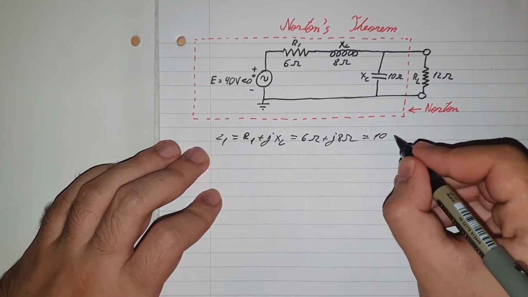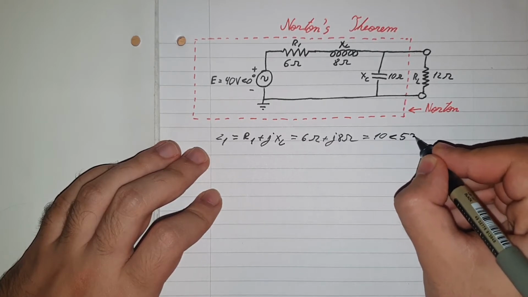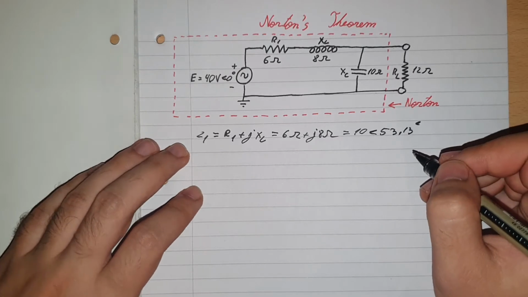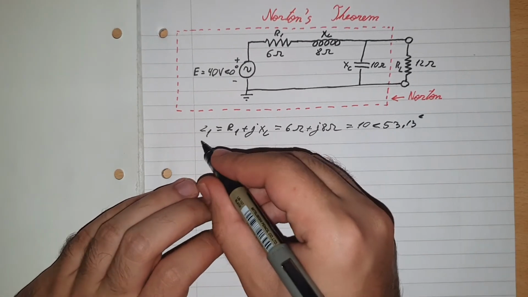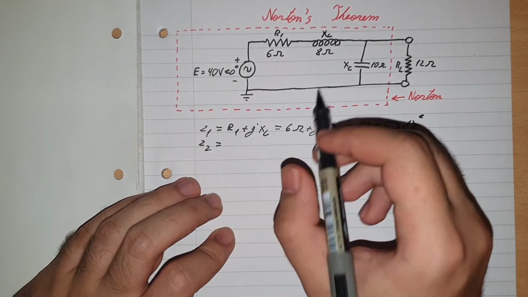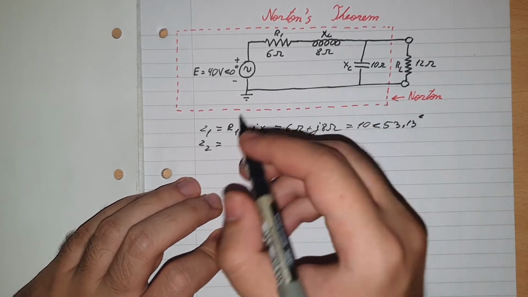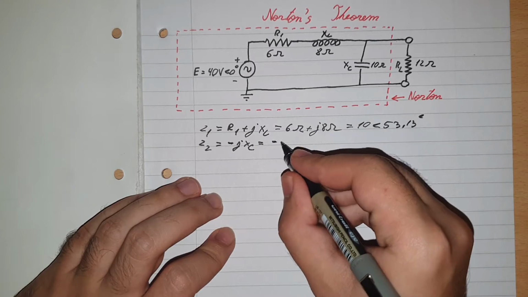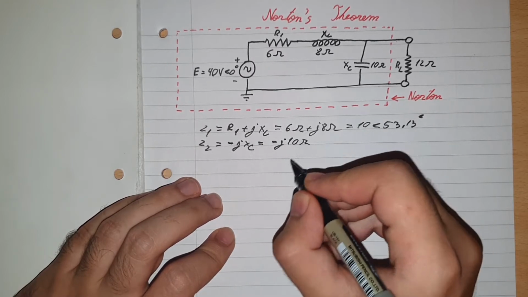If you convert that, it will be 10 at an angle of 53.13 degrees. Next, Z2 will be equal to this capacitor's value, which is minus jXC, equal to minus j10 ohms.